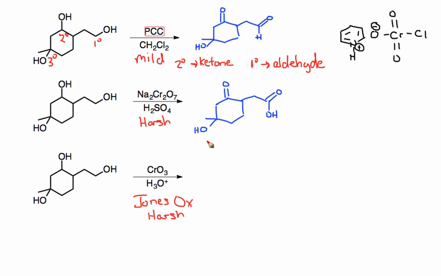So what's going to happen here is the same exact thing as in our above example, to give us the secondary alcohol going to a ketone, and then our primary alcohol going to a carboxylic acid. Just like before, that tertiary alcohol remained unaffected.